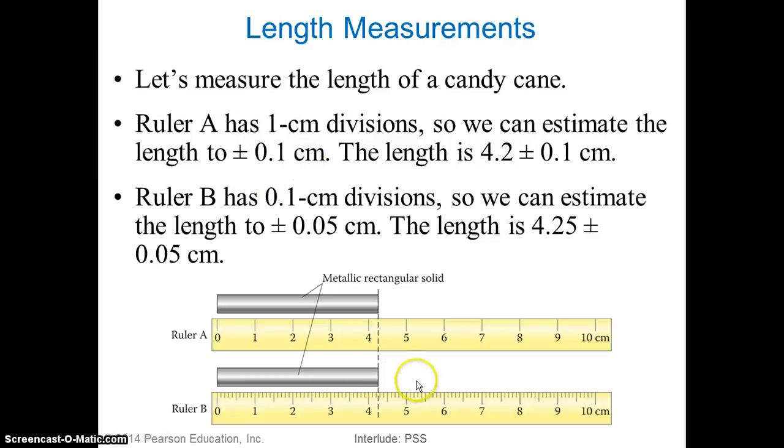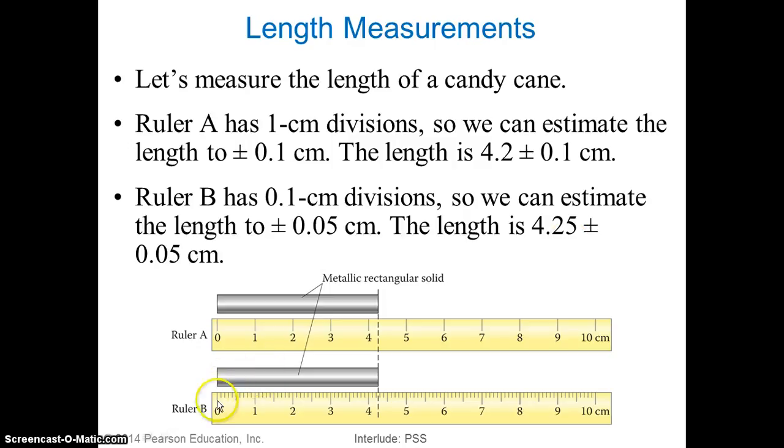Ruler B has 0.1 centimeter divisions, and we can estimate length to plus or minus 0.05 centimeter. So the length of this rectangular solid is 4.25 plus or minus 0.05 centimeter.